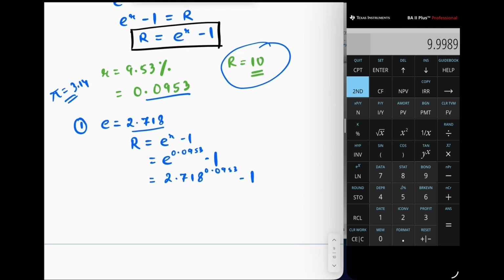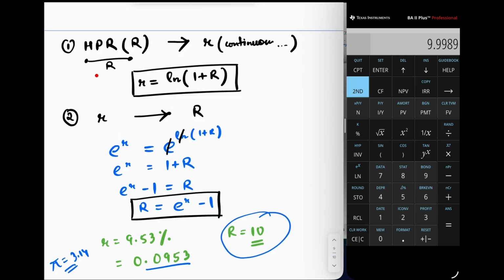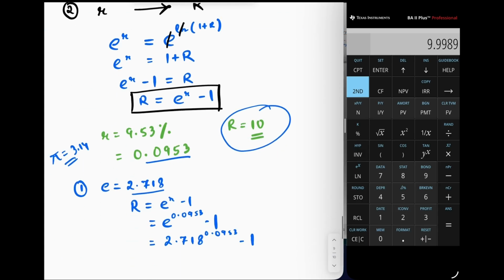You can put in the value of e, or you can just use your financial calculator, which makes life much easier. So till this point, let me remind you before going ahead what we have learned. We have learned what continuous compounding is. Second, how we convert from holding period return to continuous compounding, given that the starting and finishing values are the same. Third, from continuous to holding period return also we have learned.